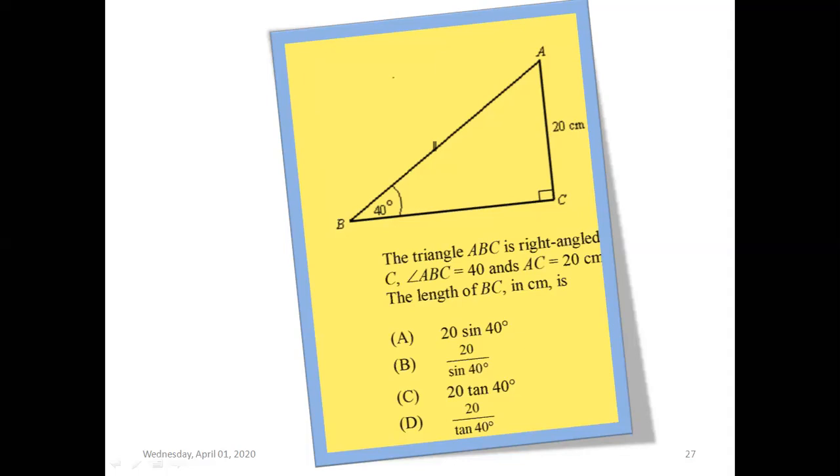Sir, I labeled each side. So tell me, which side is this? AB, and why? Hypotenuse. Why is it the hypotenuse? Because it's the longest side and it's opposite the 90 degrees.